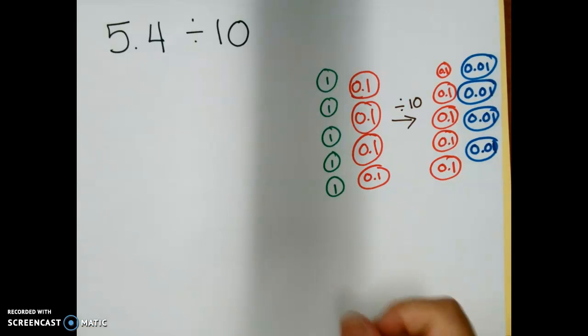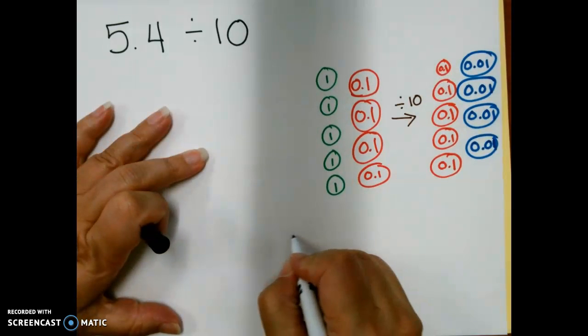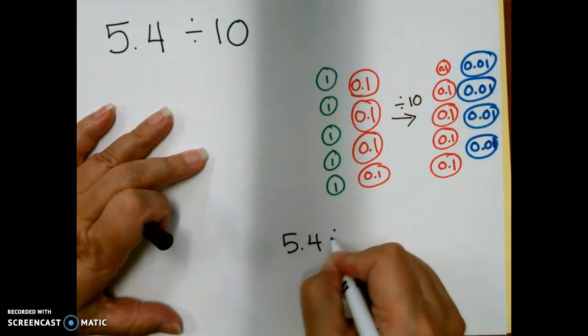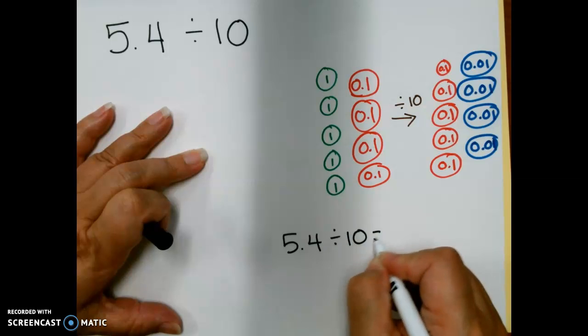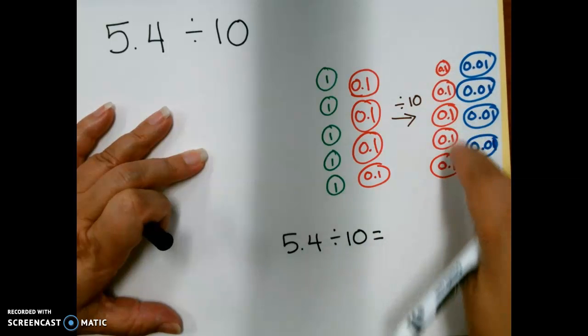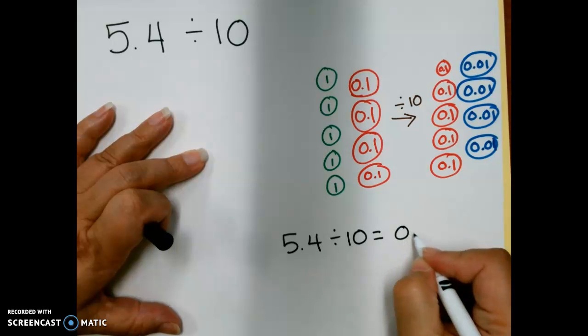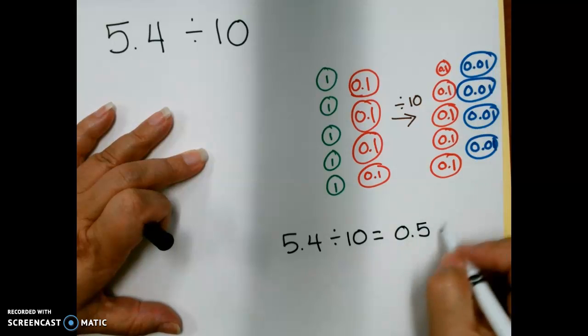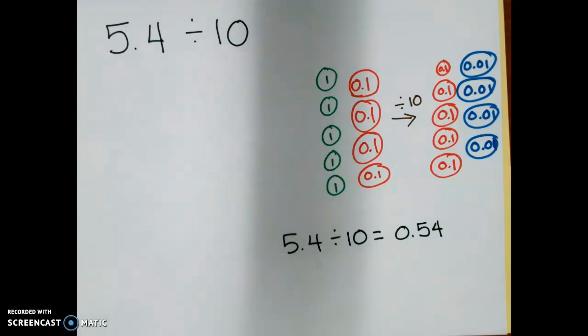So 5 and 4 tenths divided by 10 equals 5 tenths and 4 hundredths. We've done this before on our place value chart. We move the decimal point one place to the left when we divide by 10. We move everything one place to the right on our place value chart. This is a repeat of what we've already done.